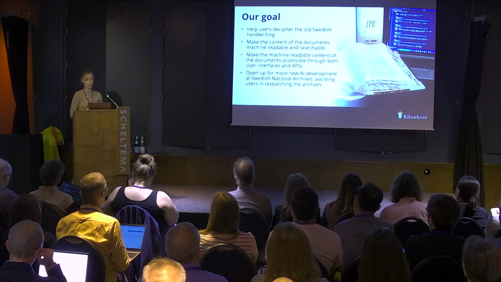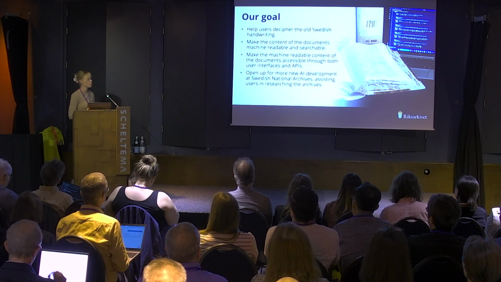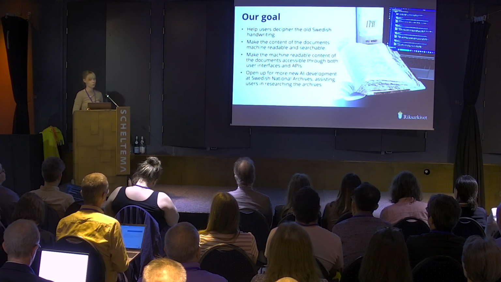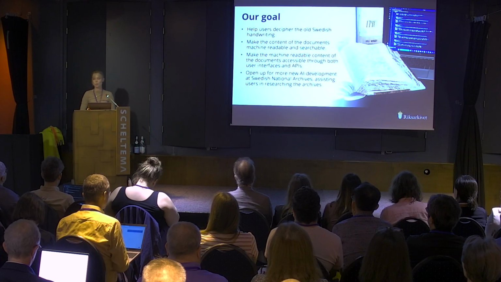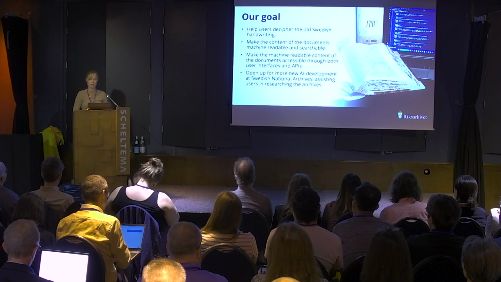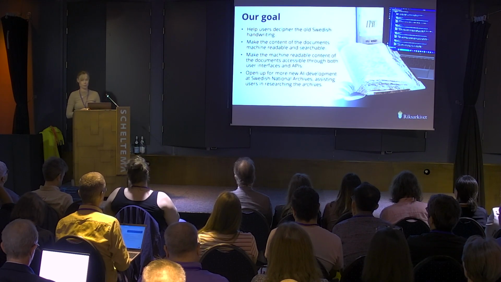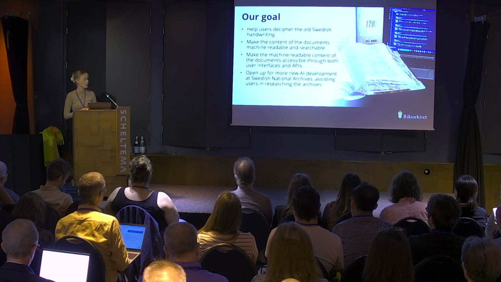And we are making it possible to use both through our user interface and also through our open APIs. And this also opens up for us ourselves to start experimenting with new AI functionality to assist users in researching the archives.